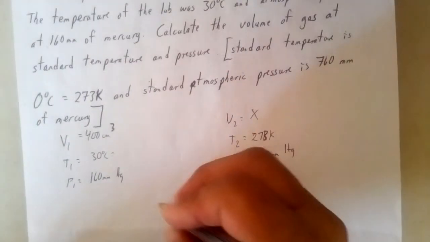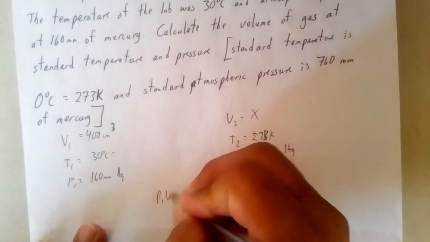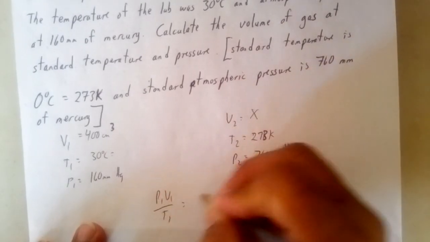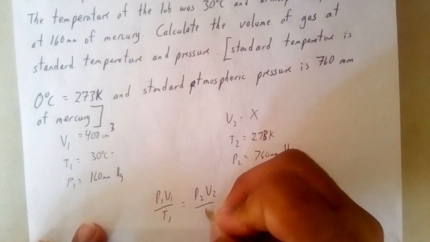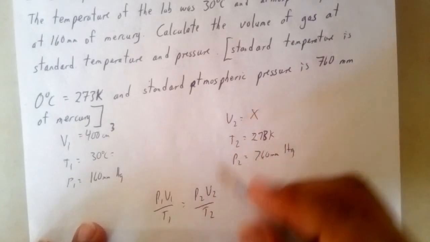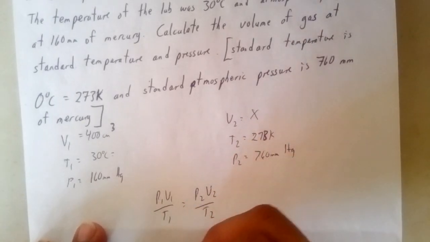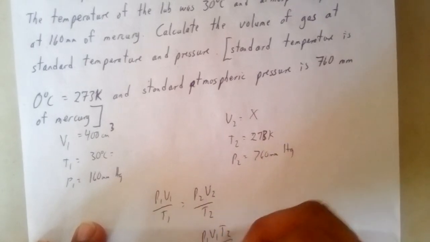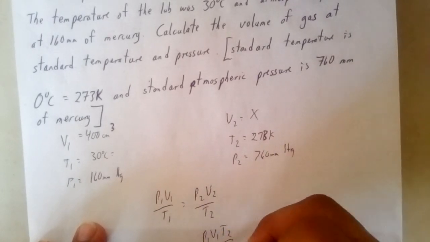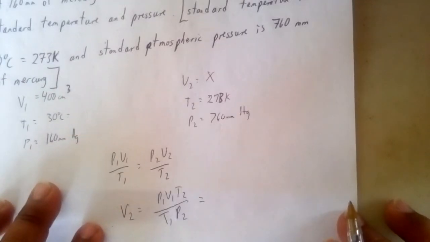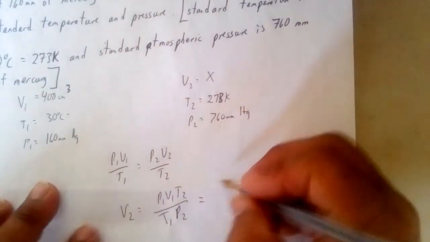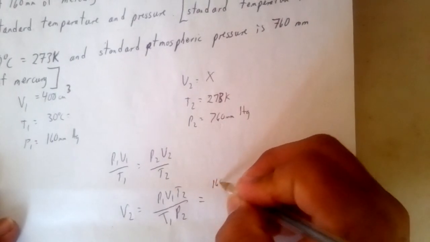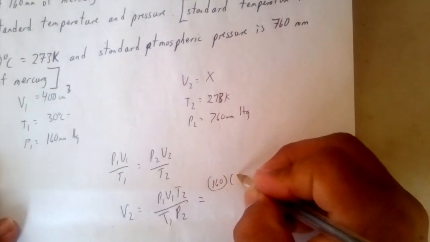So we take our equation, P1 V1 over temperature 1 is equal to P2 V2 over temperature 2. We want volume 2. Applying algebra, we get that volume 2 is equal to P1 V1 T2 over T1 P2. Now substitute into the equation, and we end up with 160 times 400.